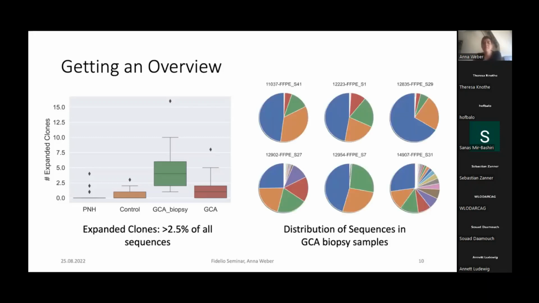That means that when we look at the GCA biopsy samples, we sometimes find very, very few different clones, and we can plot them as these kind of cake diagrams. You see that there are samples where really three quarters of the sequences that we find are just this one clone, or where maybe we just find 4 different sequences and then some that occur very, very infrequently.